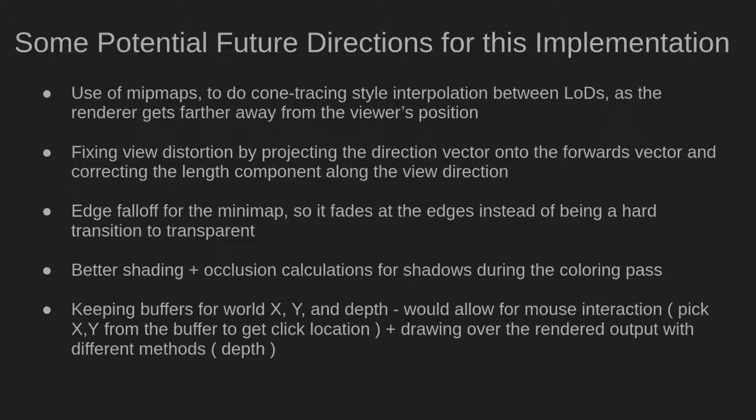So I would have to manually interpolate between the levels of detail as you get farther away from the viewer. But a few things like, okay, so to deal with that curvature, you could project the direction vector onto the forward vector and kind of normalize the length with respect to that vector.